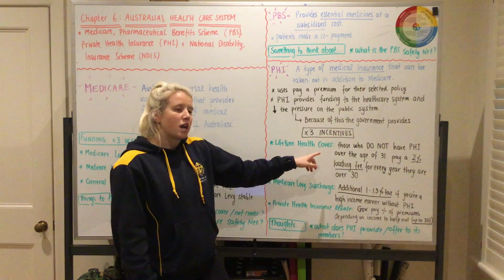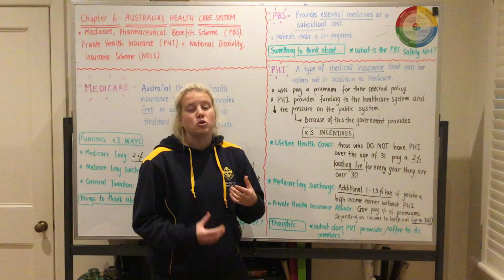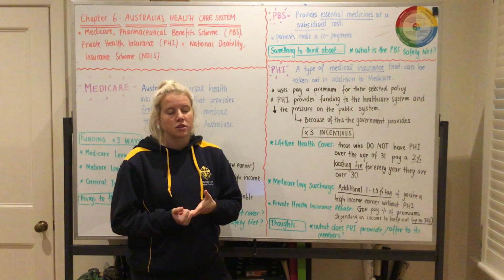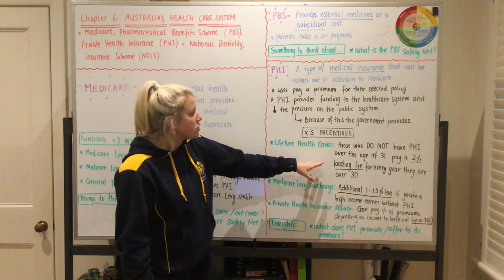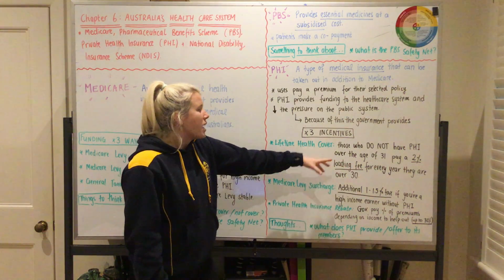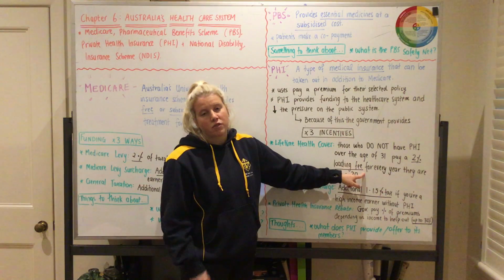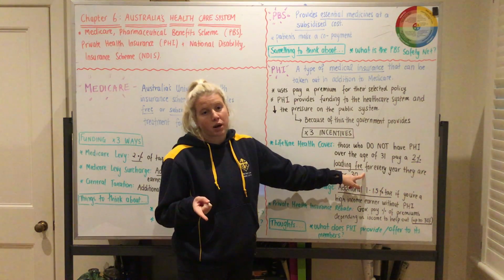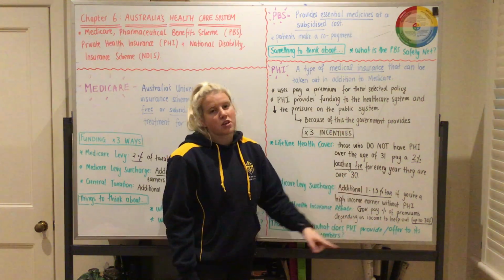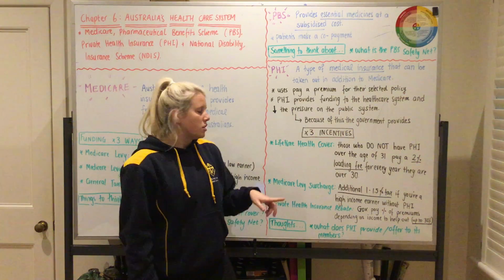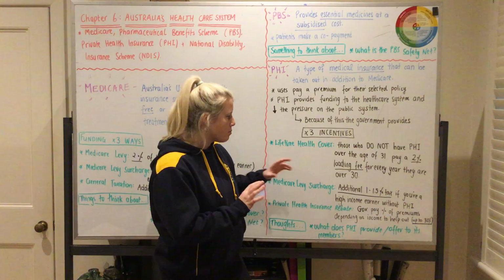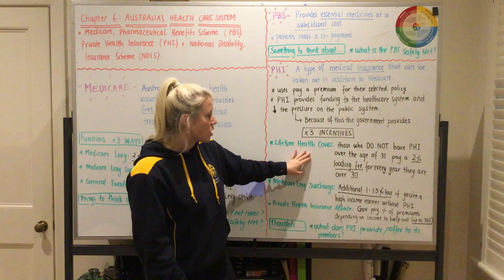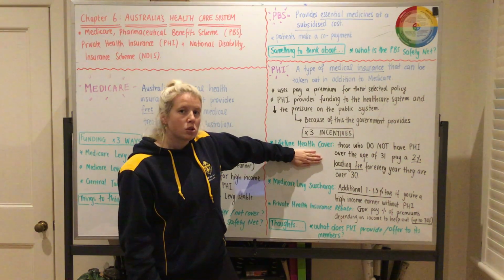So if you're over the age of 30 and you don't have private health insurance, but then you decide to take it up, the government will actually charge you an additional 2% loading fee through your private health insurance premiums for every year that you were over 30. So you can see how people get mixed up. They get the numbers confused. They get muddled when they talk about lifetime health cover. So make sure you're all over this.